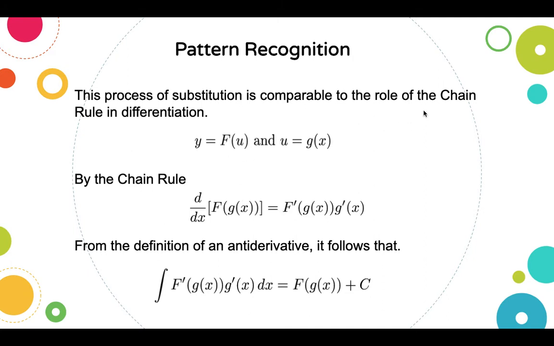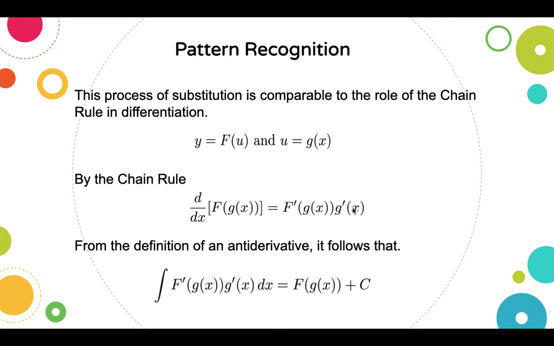So if you start with the chain rule and work backwards, because we know derivatives and integrals are two sides of the same coin, they're inverses of each other. We know that the derivative of f of g of x is the derivative of f evaluated at g times the derivative of g.